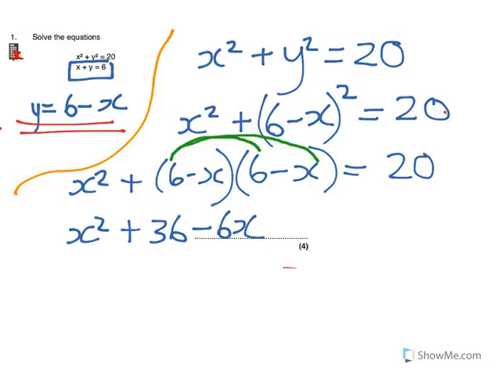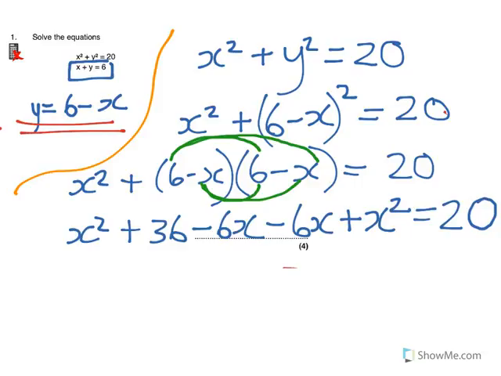And then the inside, which is minus x times 6. So that will give me minus 6x again. And then finally, minus x times minus x. Now don't forget, a minus times a minus gives me a plus. So that's going to be a plus. And then x times x is x squared.